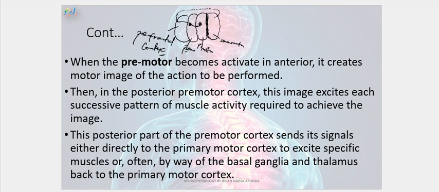So the appropriate motor reply in this case might mean that maybe you will respond by slapping this person back. So the premotor activates the primary motor. So the primary motor, once activated, is able to send signals using now the corticospinal tract, as we suggested.